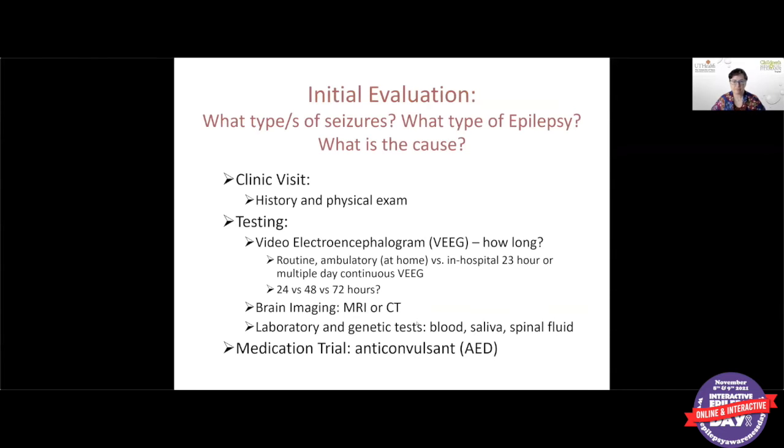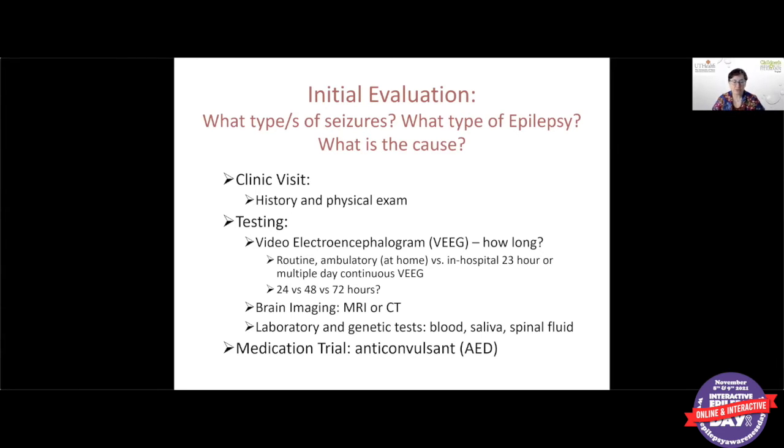So what happens when a person is being evaluated for seizures or epilepsy? Really, the first thing that happens is a child or adult should be seen at the clinic, an epilepsy clinic preferably, or the neurologist. And a history is taken, so exactly what the seizures look like when they occur, whether there are any triggers to the seizures or things that happen that seem to provoke the seizure to happen at that time.